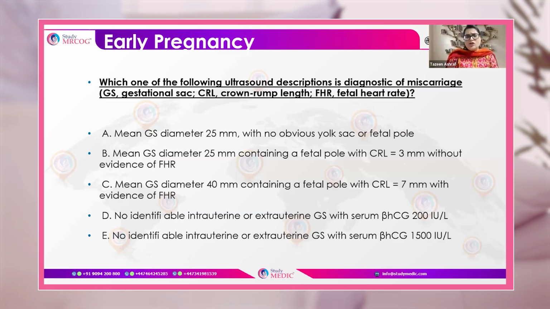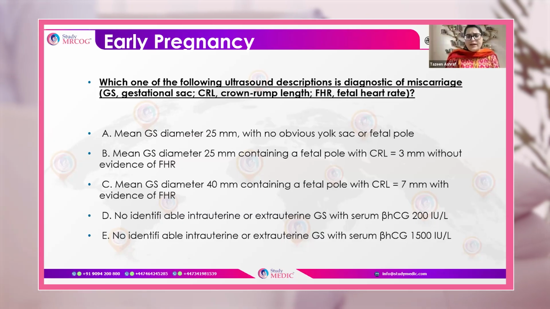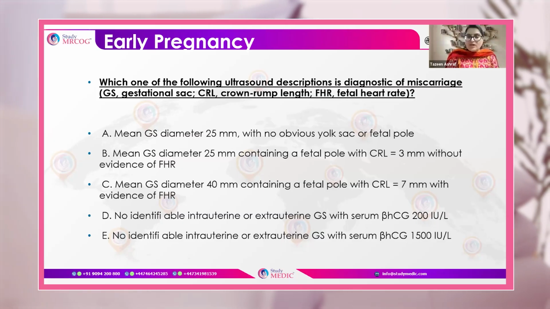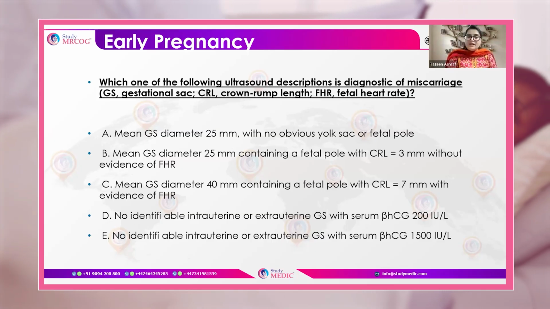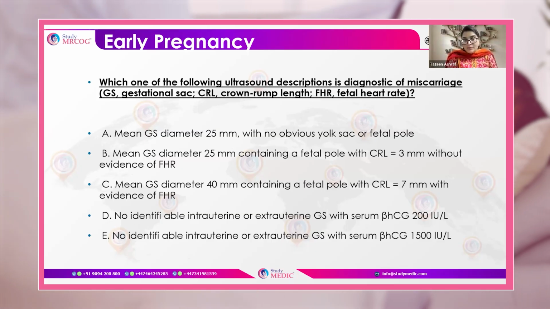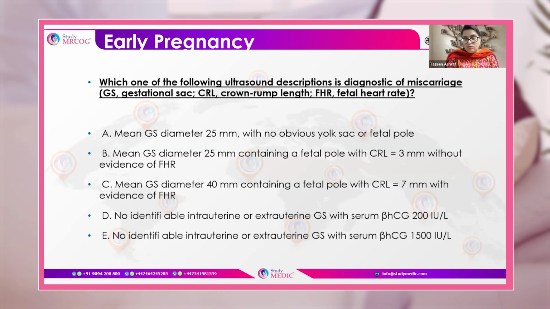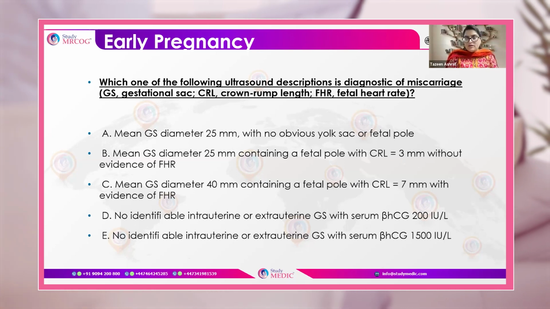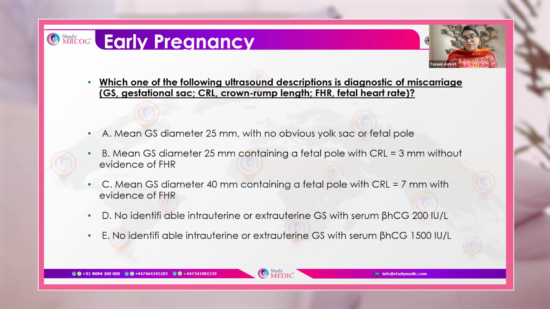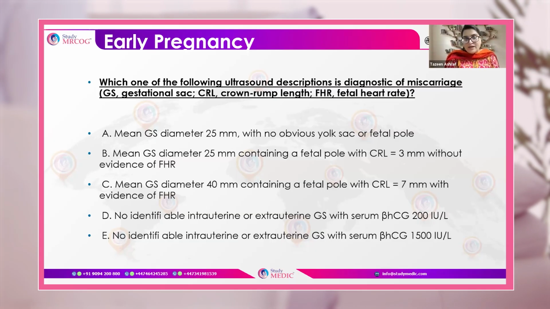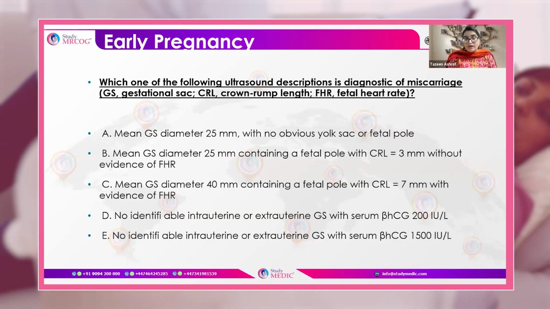So there is a huge disparity, and with a gestational sac of 25 mm having a fetal pole, we cannot label it as miscarriage. Gestational sac diameter 40 mm, that is way more than the discriminatory zone, and CRL is 7 mm with evidence of fetal heart rate. This cannot be miscarriage when there is evidence of fetal heart rate.